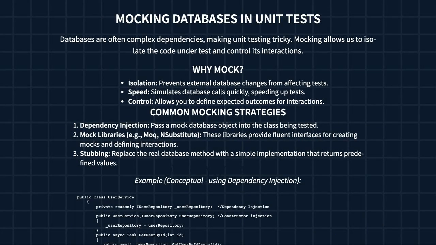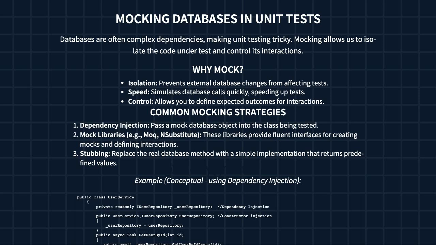Okay, let's talk about mocking databases in unit tests, a really important skill for any software developer. Databases can be tricky to work with because they are complex and potentially slow. Mocking lets us isolate the code we're testing from the database entirely. This means our tests will run much faster and won't be affected by changes in the actual database. There are several ways to do this. First, you can use dependency injection.